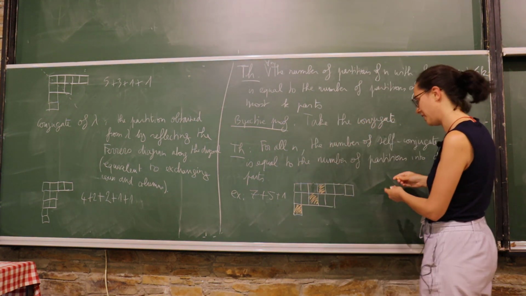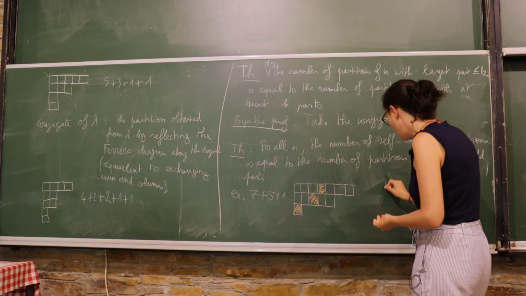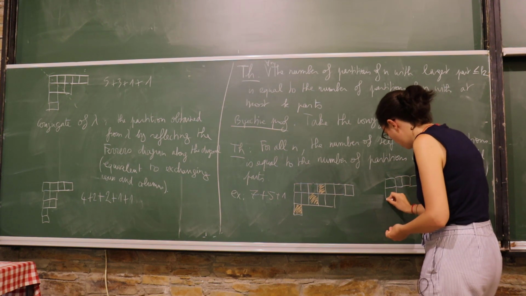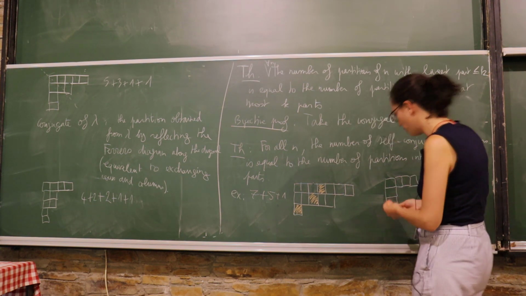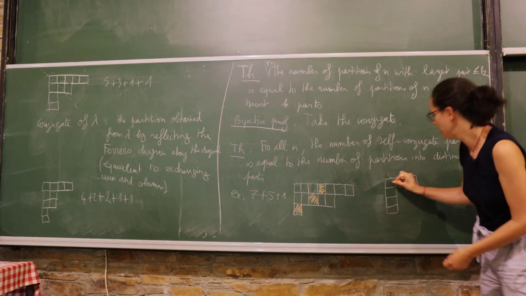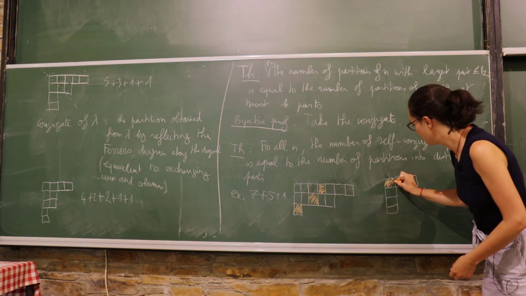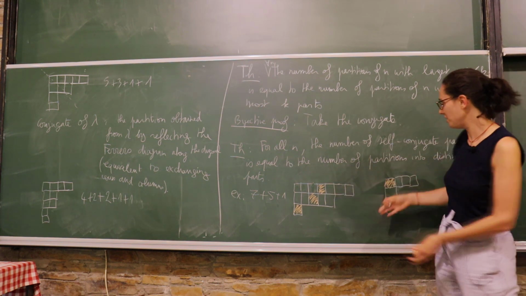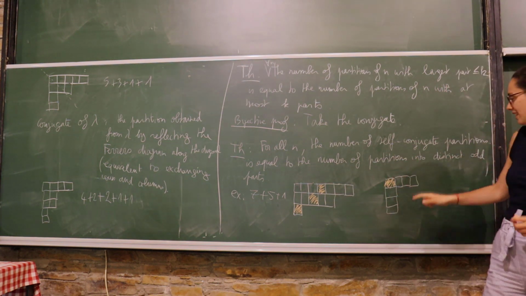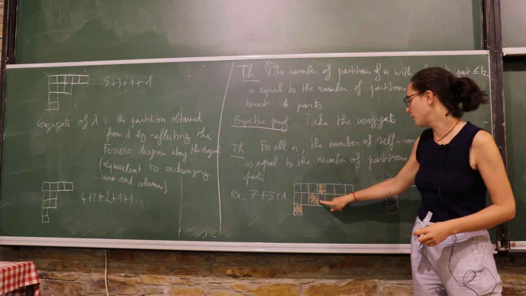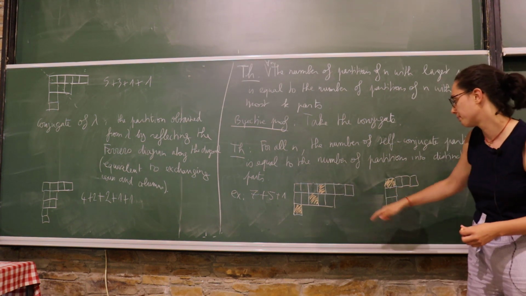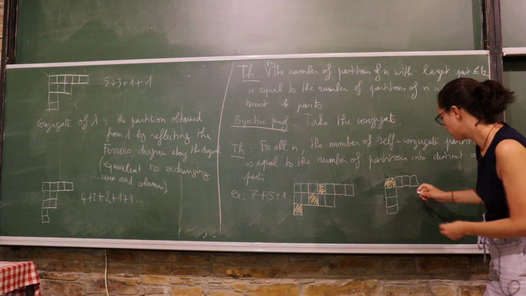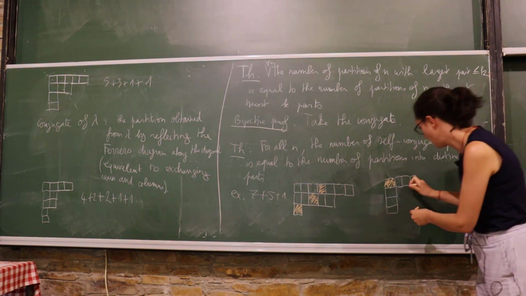So let me do that on the example, it will be clearer. For the first part, 7 here, we will write it like that. I didn't change anything, just the disposition of the boxes. And then below it, there was a 5. So we can do the same.